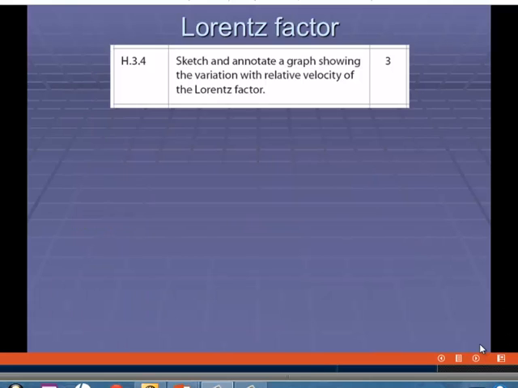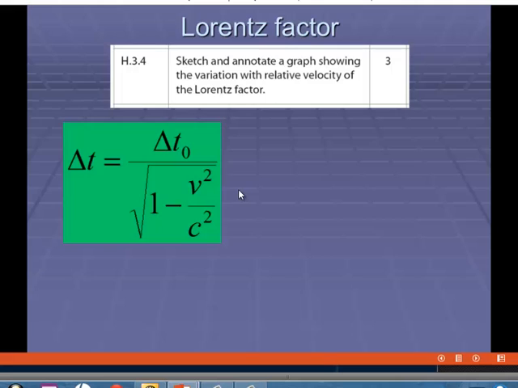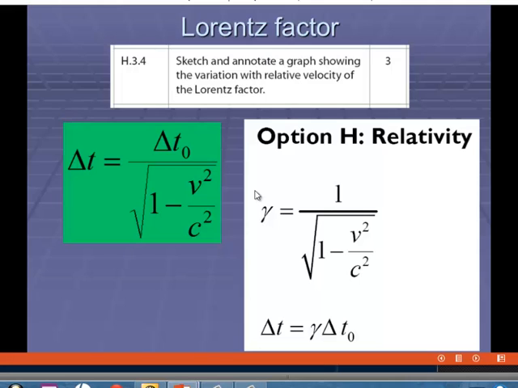The IB requires us to sketch and annotate a graph showing the variation with relative velocity of the Lorentz factor. Now let me just identify what the Lorentz factor is. It's something which we've shown you, but I haven't named it as such. So previously I said time dilation can be worked out using this formula. As it happens, the IB breaks it down and simplifies this a little bit.